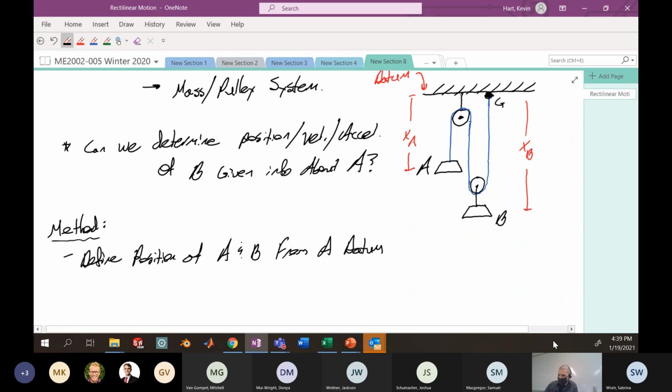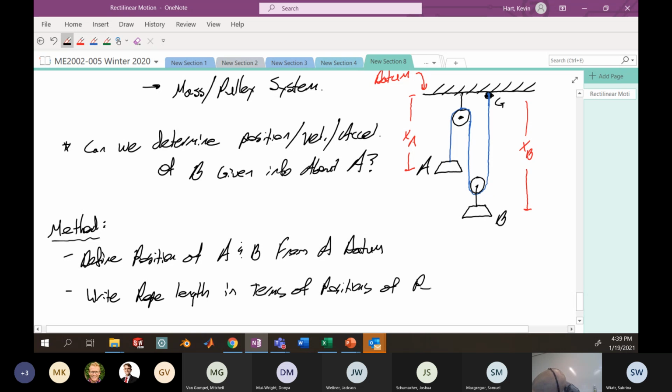So the method here is defining your datum and understanding that the length of rope cannot change. The idea is we want to write rope lengths in terms of positions of points of interest.